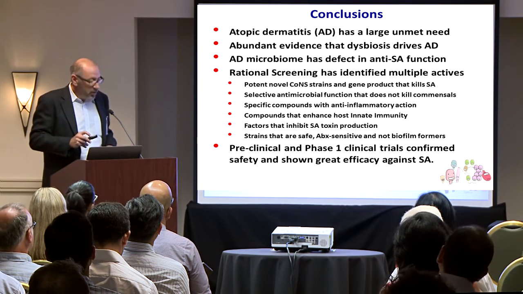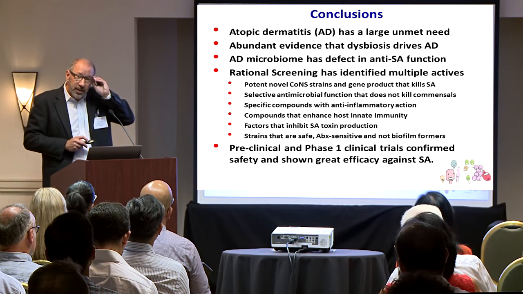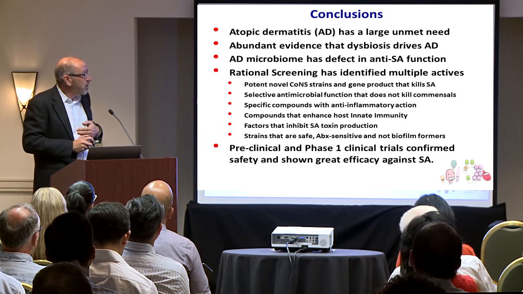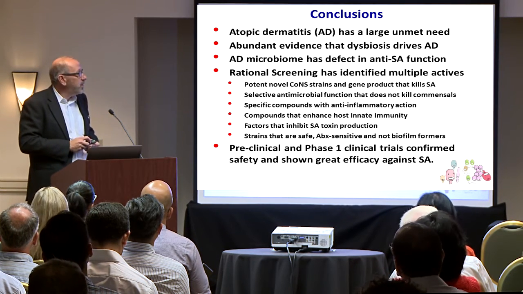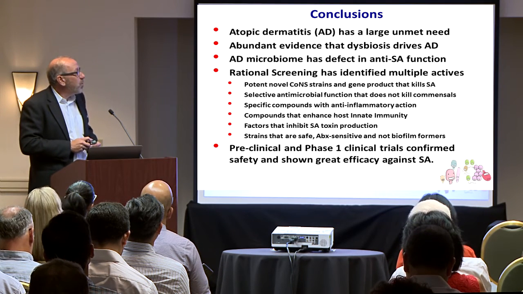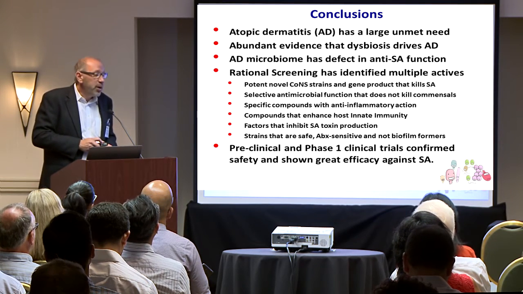We're moving forward with larger studies, but I just wanted to leave you with my conclusions and then open this up for questions. We know atopic dermatitis has a large unmet need. There's abundant evidence that dysbiosis is driving this disease. The AD microbiome has a defect in anti-Staph aureus function, which I think is quite dramatic.